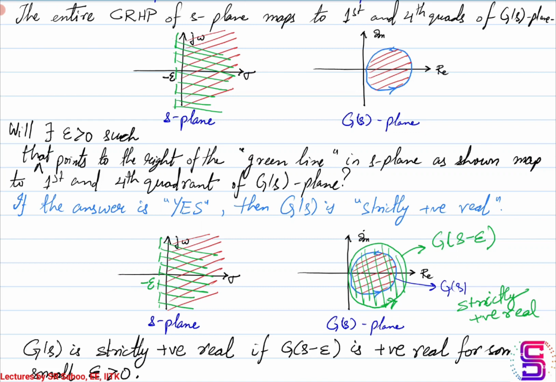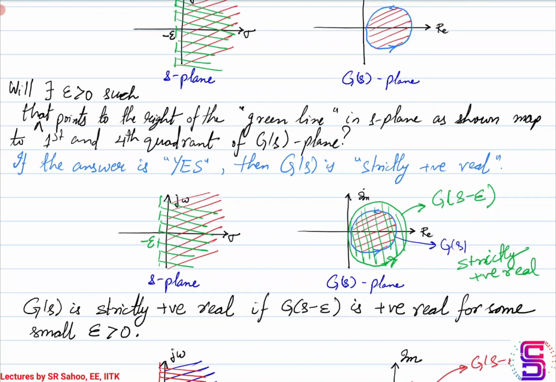What this essentially means is that it allows you a certain margin, and that margin is epsilon, where if you start mapping the points to the right of this minus epsilon axis in the G(s) plane, they will all map onto the first and fourth quadrant.